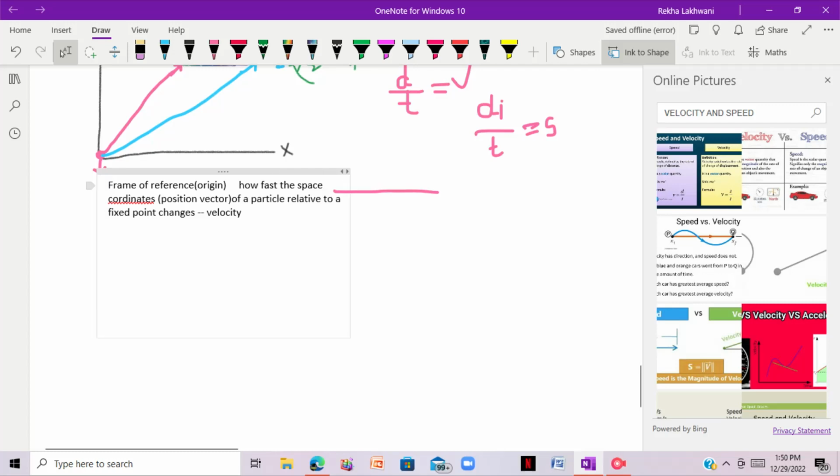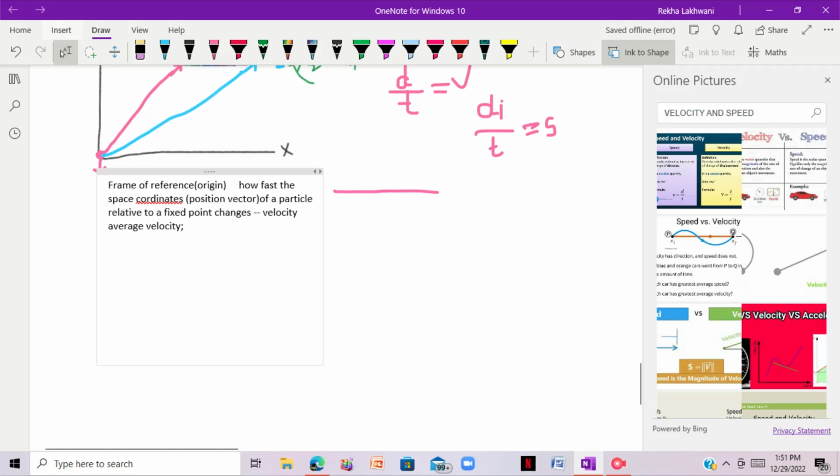Where should I write this? We don't have the fraction form over here. Okay, here again we have the fraction form.